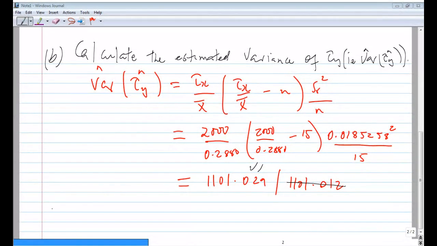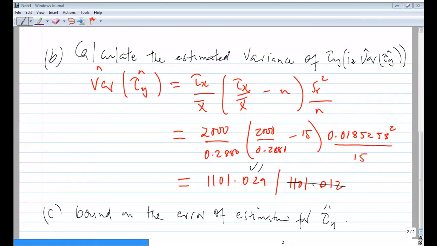So in other words, number C, you have to find a bound on the error of estimation for the estimated population total.